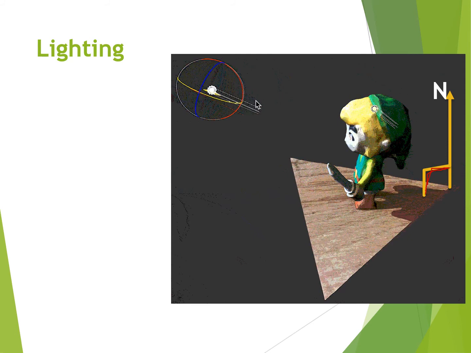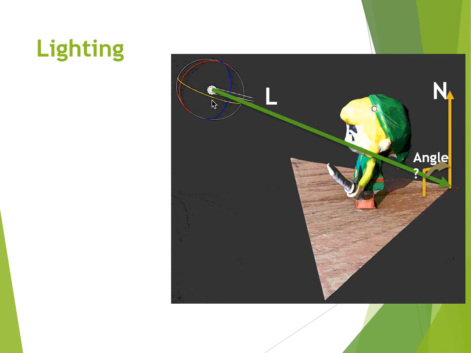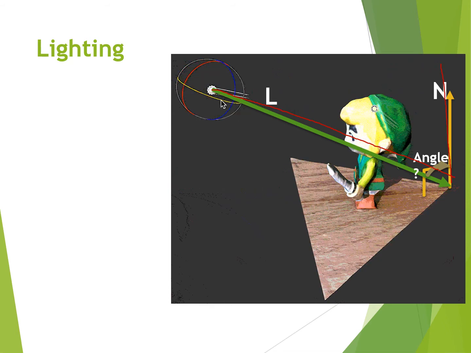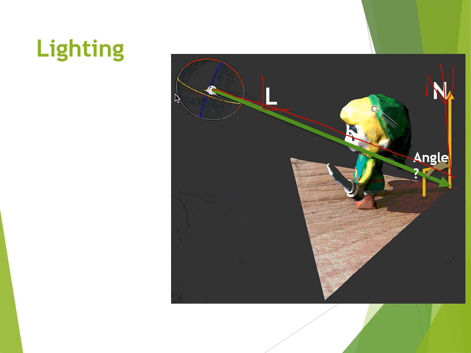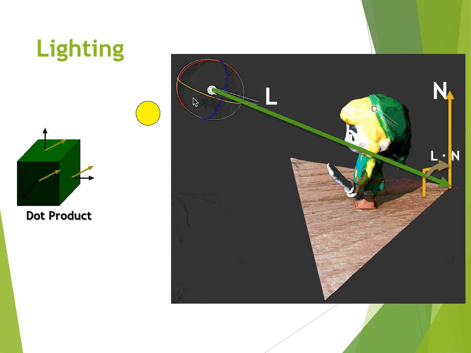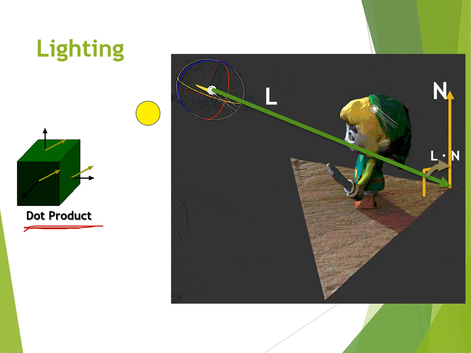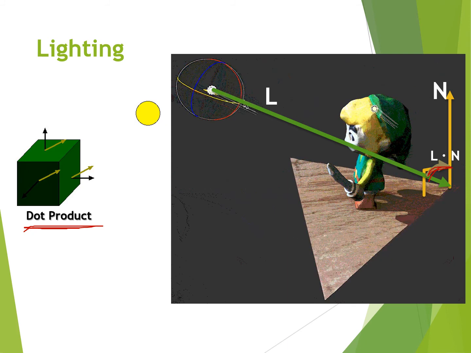Why do we need to calculate the perpendicular of your face? Because we want to calculate the angle between the normal, that means the face, and the light source. To calculate this angle, we have another calculation called the dot product. The cross product returns a vector, and the dot product returns a value. This value is the angle between the light source and the normal.